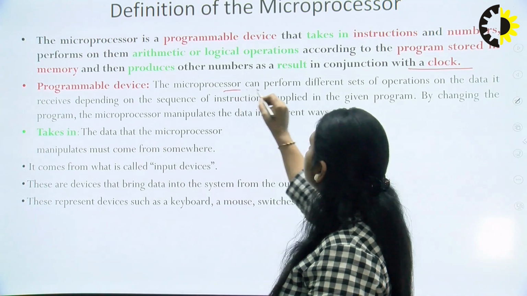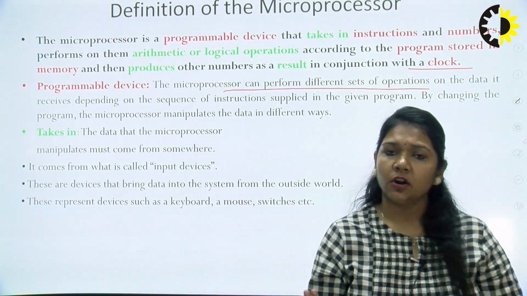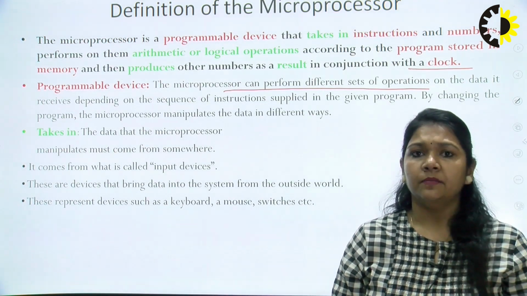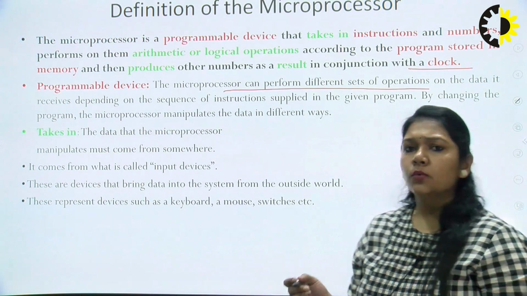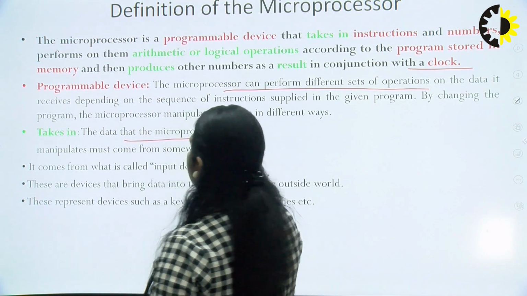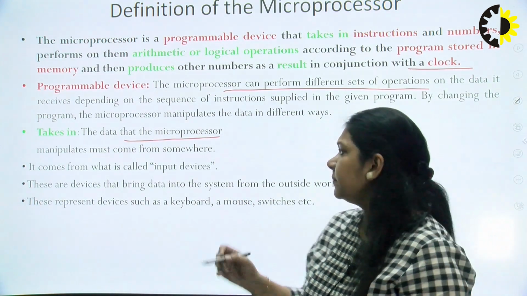The microprocessor can perform different sets of operations, which might be arithmetic or logical operations, and we can change the program in different ways. We can feed data into the microprocessor and manipulate it. How is that possible?